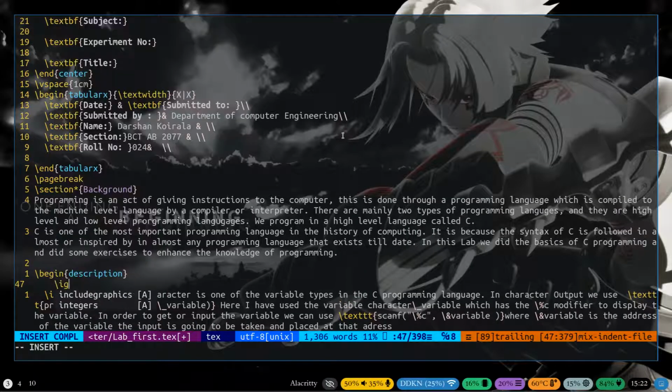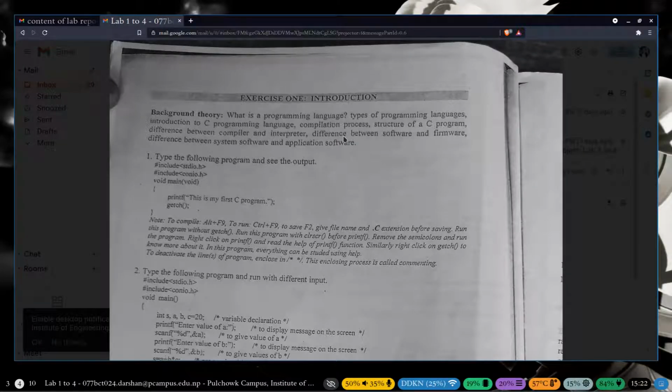Now the item: compilation process in C. So what is the compilation process?